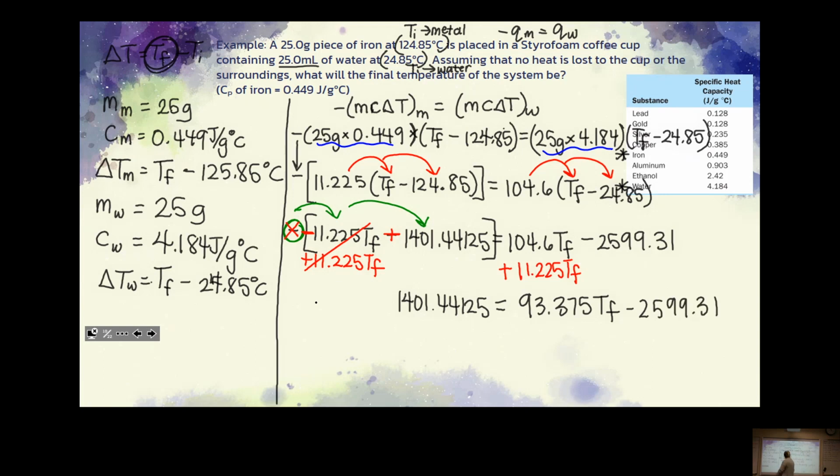All right, so next thing that we got to do, right, we have to move the other guy over. So you would add right, and you might notice this is the longest version of these types of problems as when you're being asked to solve for the final temperature of that system.